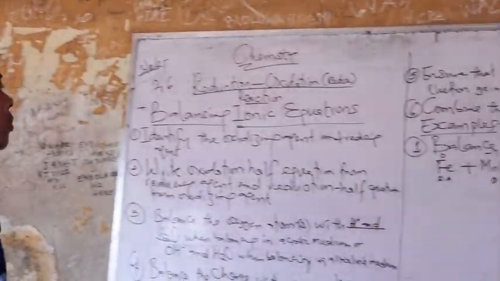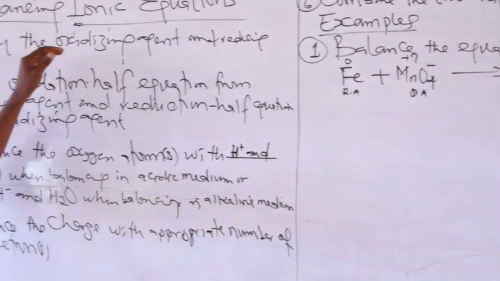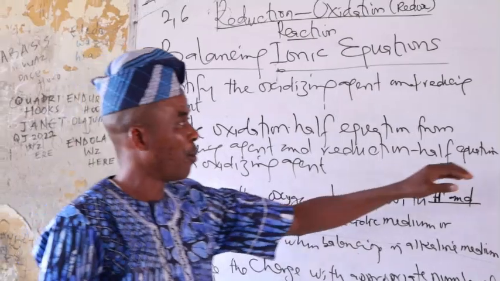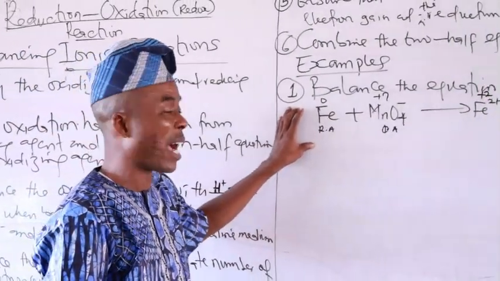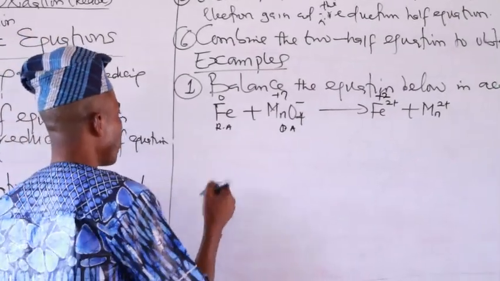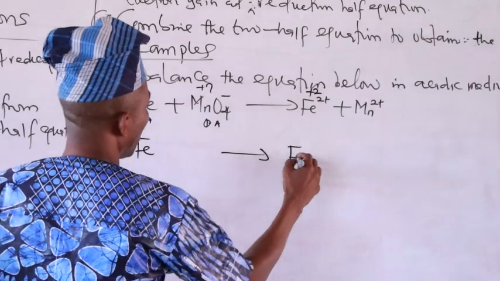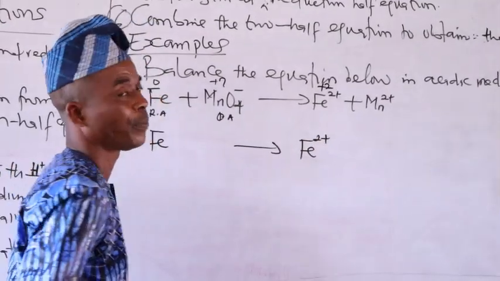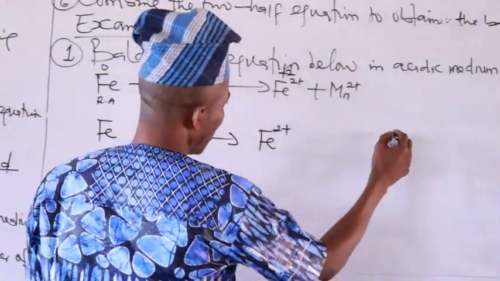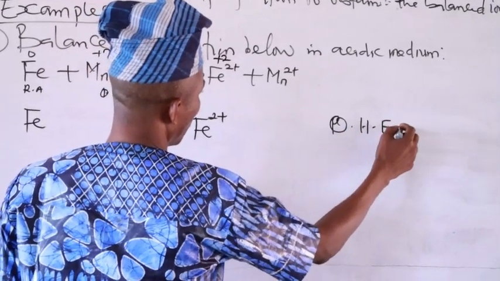Now, what's the next step here? We'll split the equation into two halves. From reducing agent, we write oxidation half equation. So we have Fe going to Fe2+. This is oxidation half equation.